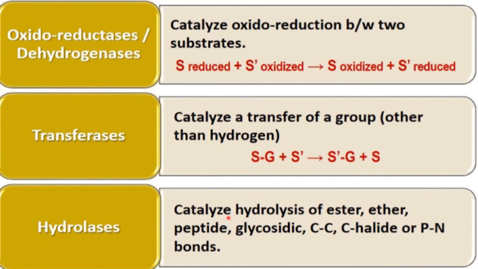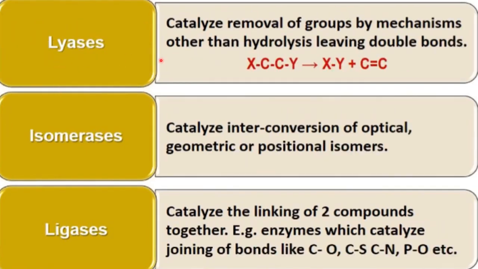Hydrolases catalyze the hydrolysis of ester, ether, peptide, glycosidic, carbon-carbon, carbon-halide, phosphate, nitrogen bonds; all these bonds' hydrolysis is catalyzed by hydrolases. Then lyases remove any group by a process other than hydrolysis, leaving a double bond. We have discussed this also. As you can see here, this double bond is formed between carbon-carbon.